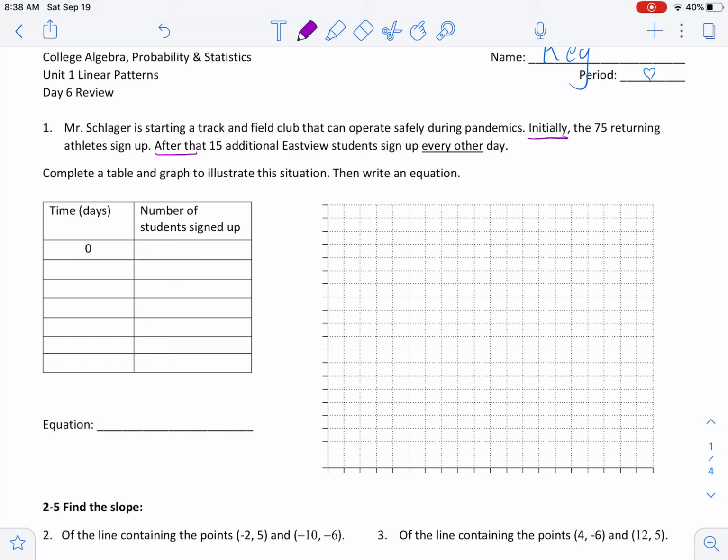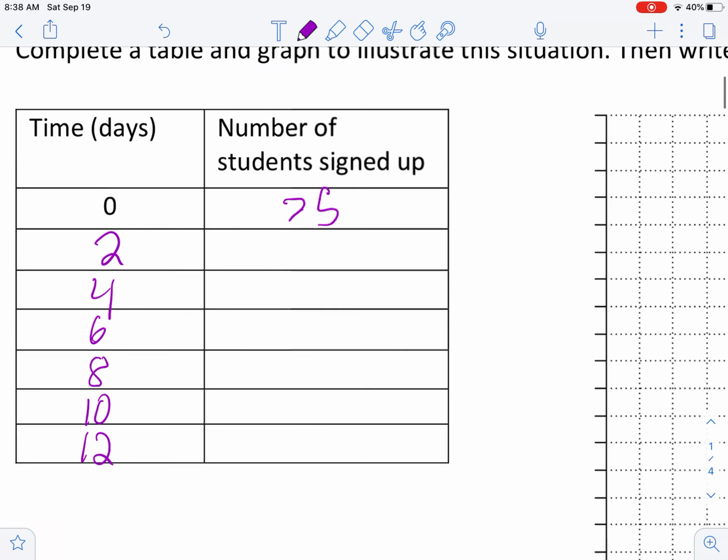Okay, well, every other day means that they're leading us to count by twos. So I'm going to go ahead and do that. The word initially implies that those 75 students that sign up are the times 0 amount. And then after that, 15 students every 2 days sign up.